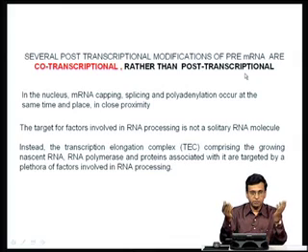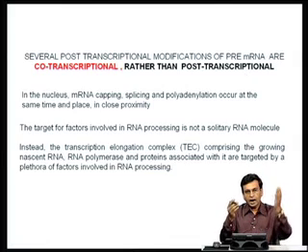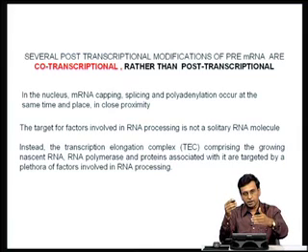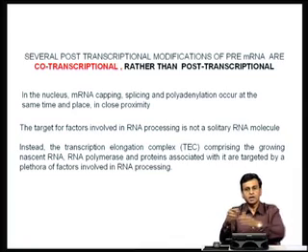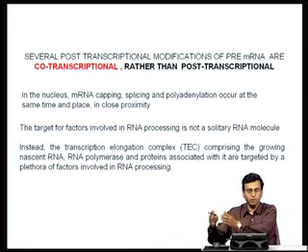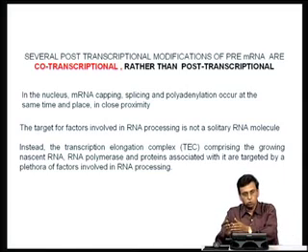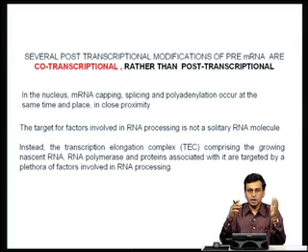Now, what do we mean by this? What we mean is that as the transcription takes place, these modifications also take place simultaneously, and the capping or splicing or polyadenylation does not wait till the entire messenger RNA is transcribed, but they happen simultaneously as the transcription proceeds. So, all these events are primarily co-transcriptional rather than post-transcriptional, which is a very important observation.